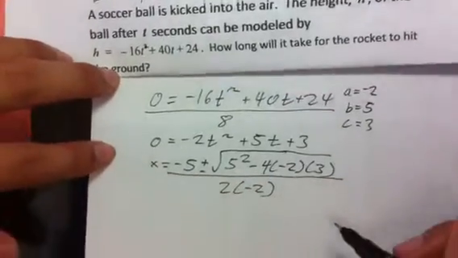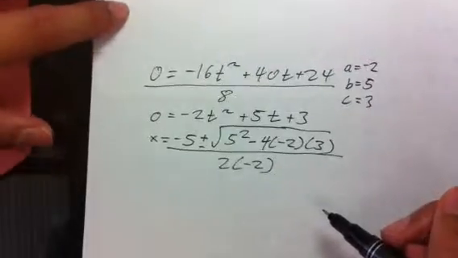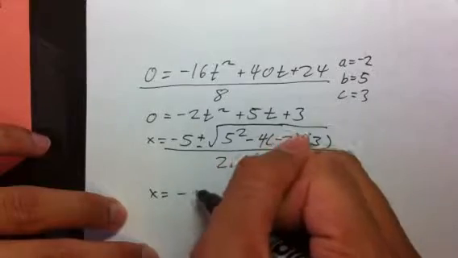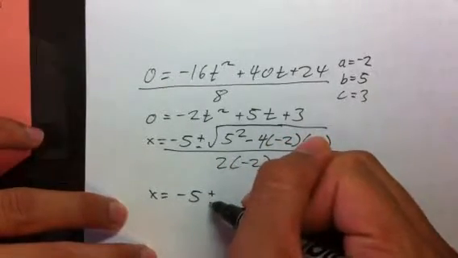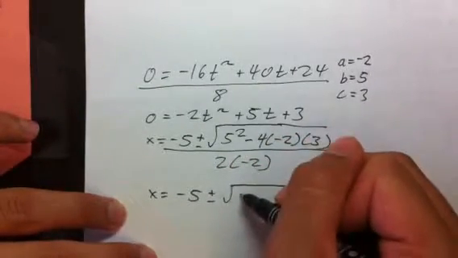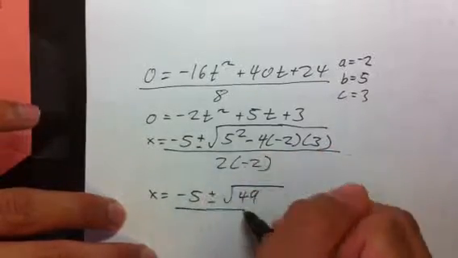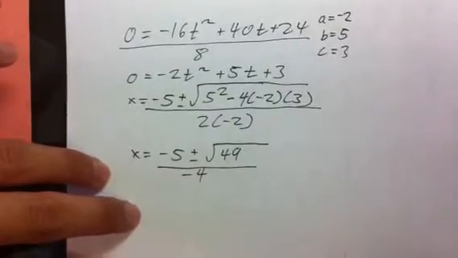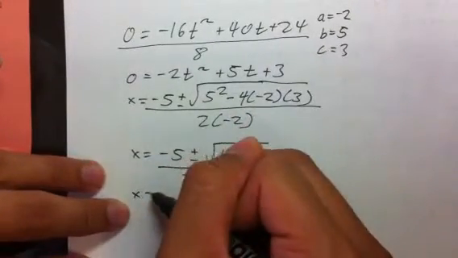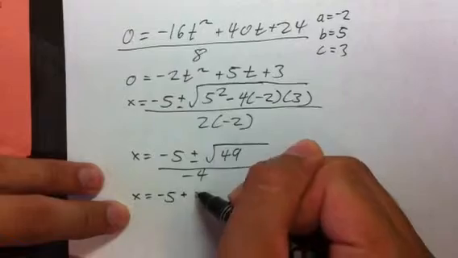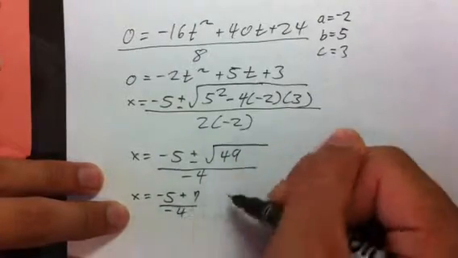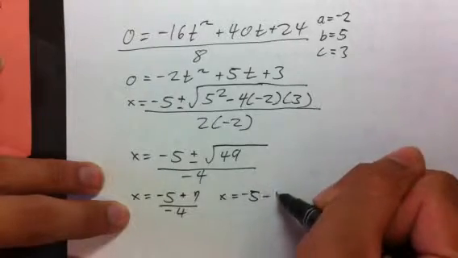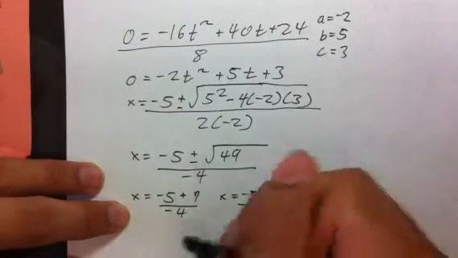So let's solve it. x equals negative 5 plus or minus the square root of 49 divided by negative 4. Make two separate equations: x equals negative 5 plus 7 divided by negative 4, and x equals negative 5 minus 7 divided by negative 4.